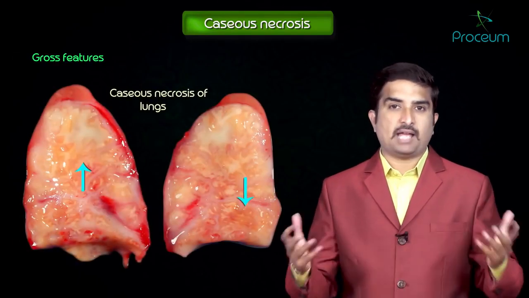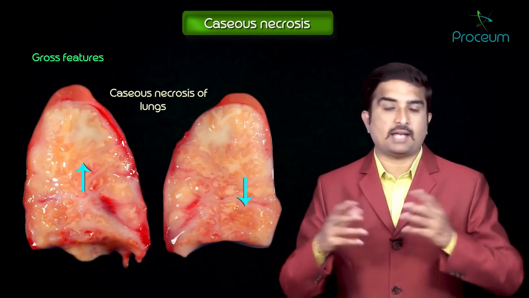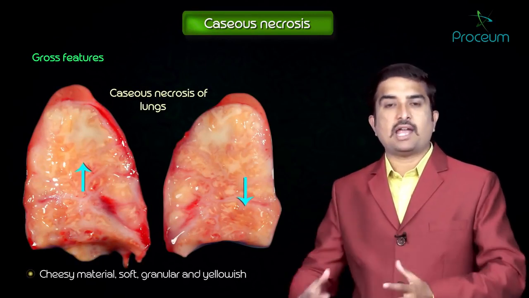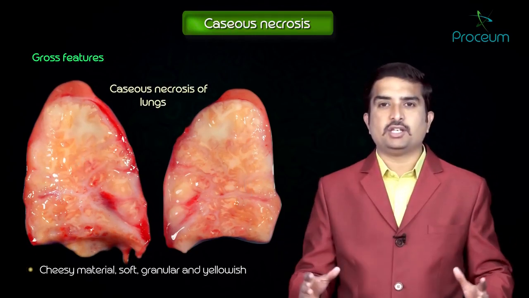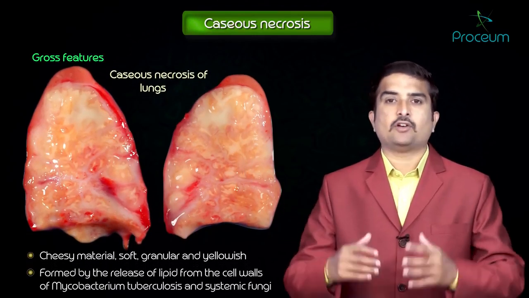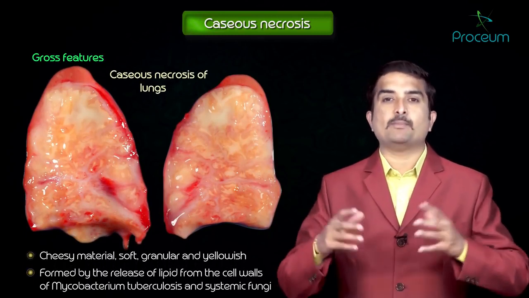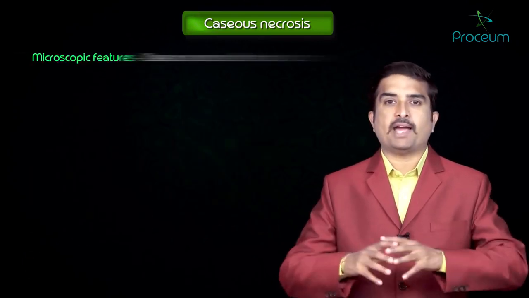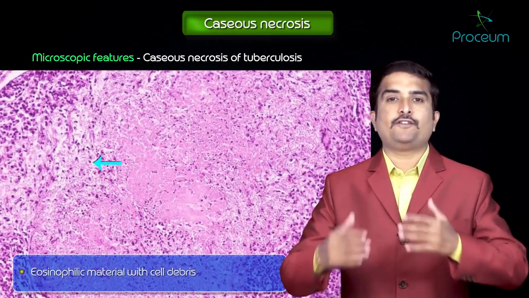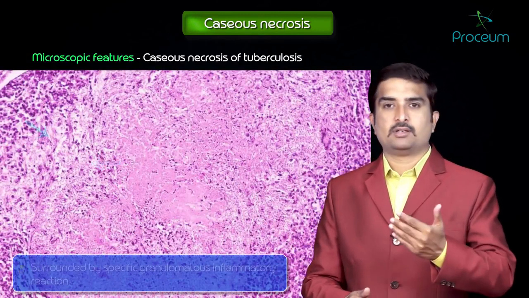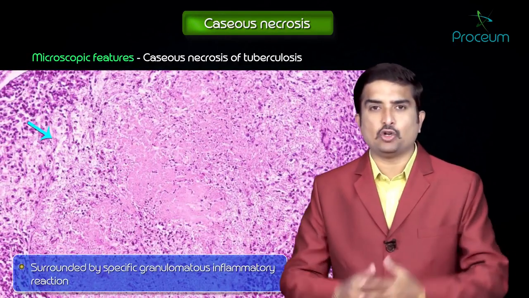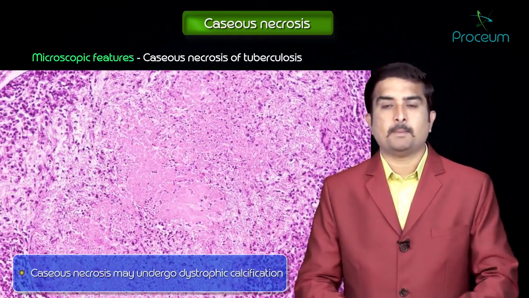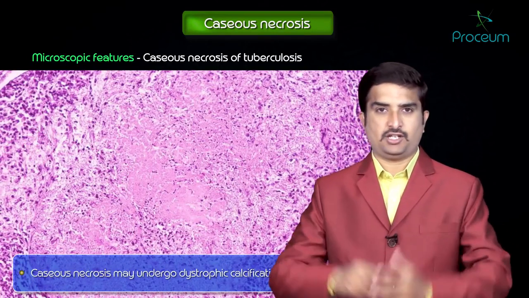The necrotic area appears as cheesy material. It is soft, granular, and yellowish in color. Caseous material is formed by the release of lipid from the cell walls of Mycobacterium tuberculosis and systemic fungi. Microscopically, eosinophilic material with cell debris surrounded by a specific granulomatous inflammatory reaction is seen.